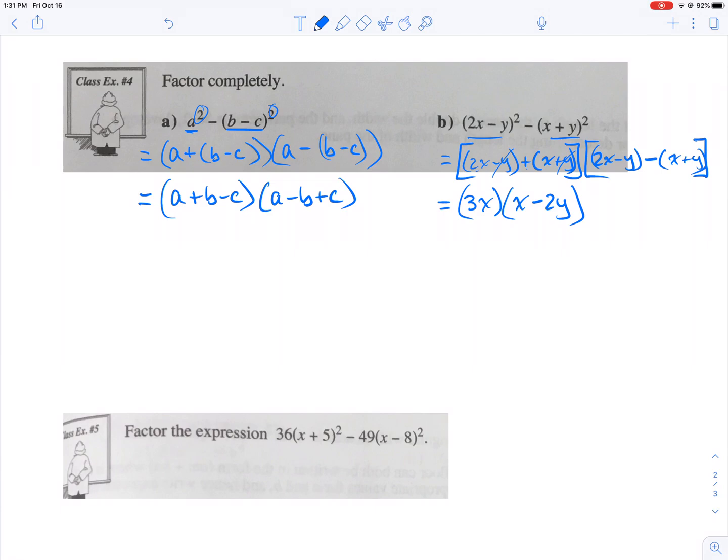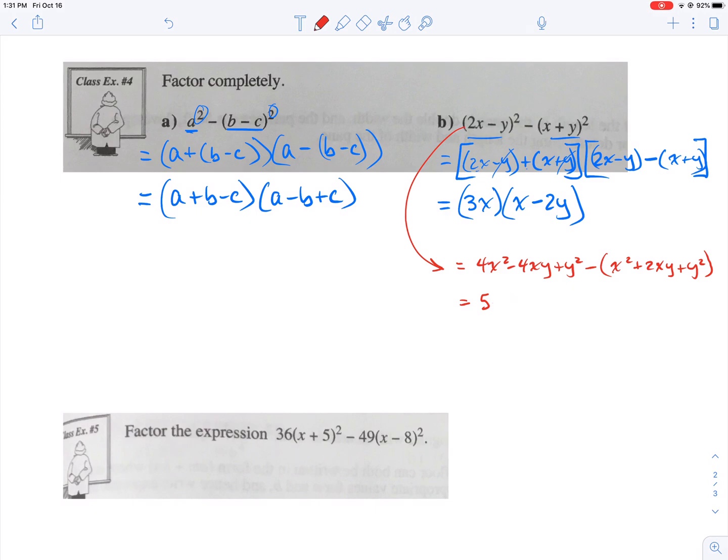That's a lot faster. I just want to show you the difference here. If I were to multiply this out, I'd say 4x squared minus 4xy plus y squared minus x squared plus 2xy plus y squared. And I could do this in an extra step as well, right? Then I'm going to add all my x squares together. I have 5x squared. No, that's not 5.